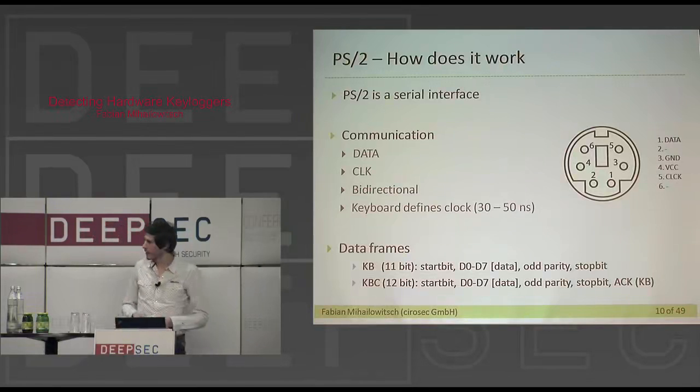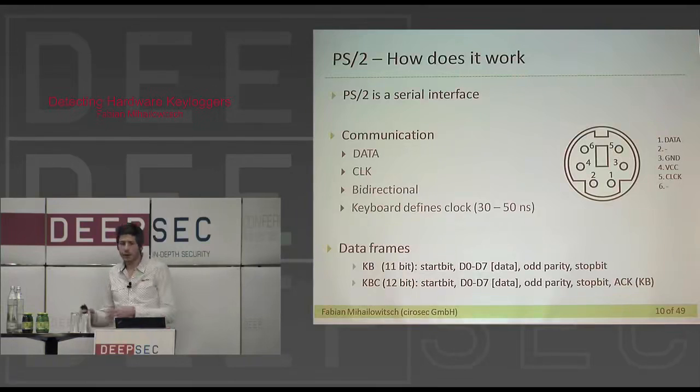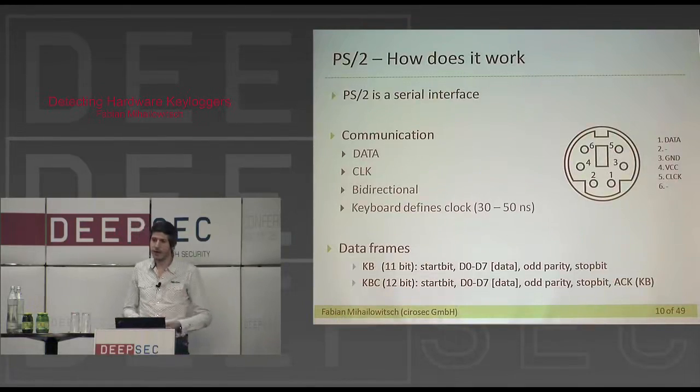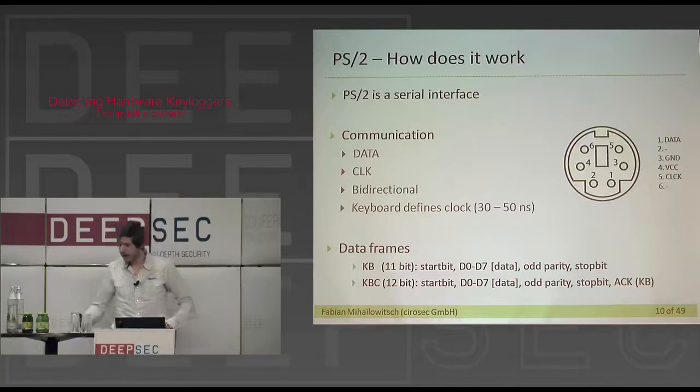The data are transferred in 11-bit data frames from the keyboard side to the PC. You have a start bit followed by 8 bits of data, which are the byte that's transferred. Then you have a parity bit and a stop bit. And for the KBC side, you have basically the same, but with an additional acknowledge bit sent by the keyboard.